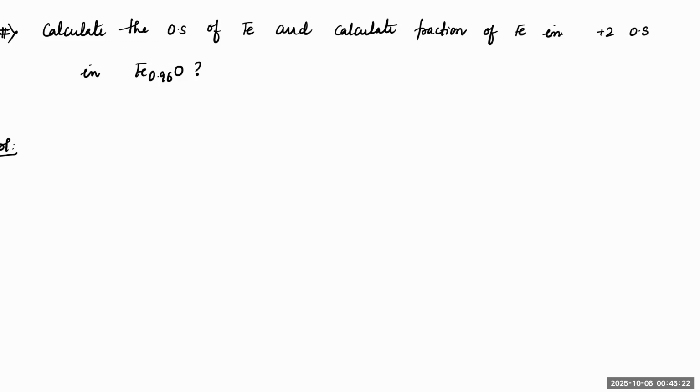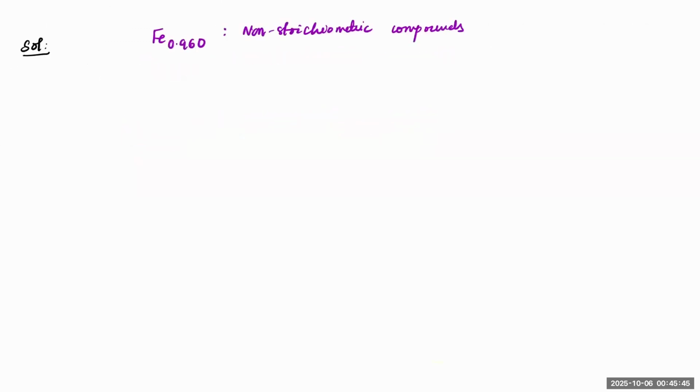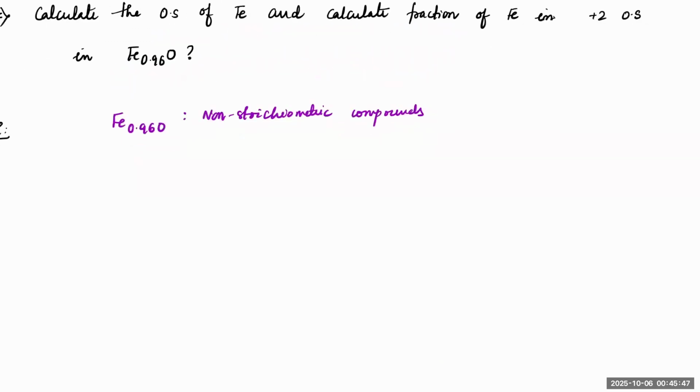Right. Let's notice this one. See, we have Fe0.96O. These kinds of compounds where the ratio is not in simple numbers are called non-stoichiometric compounds. So that means they are not in a simple stoichiometric ratio.